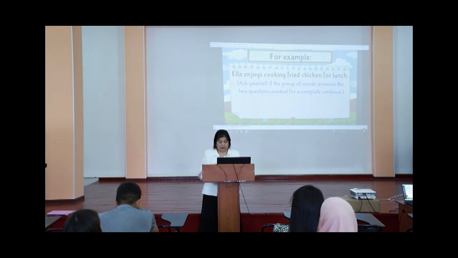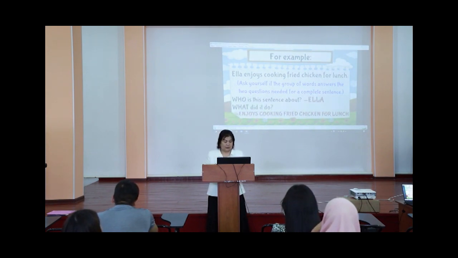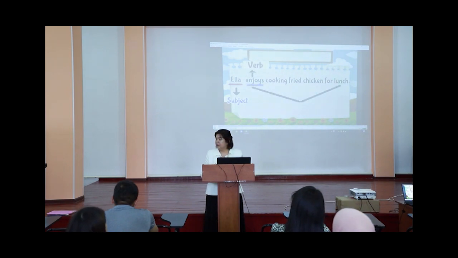Ask yourself if the group of words answers the two questions needed for a complete sentence. Who is this sentence about? It's about Ella, the topic of the sentence. What did she do? Enjoys cooking fried chicken for lunch. In the sentence, the subject is Ella. Enjoys is the verb. Enjoys cooking fried chicken for lunch is the predicate.